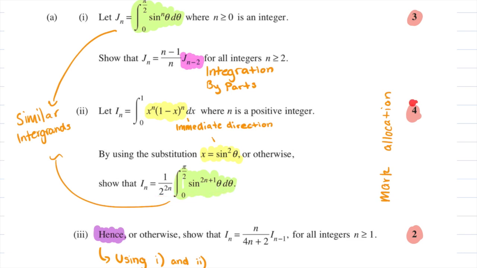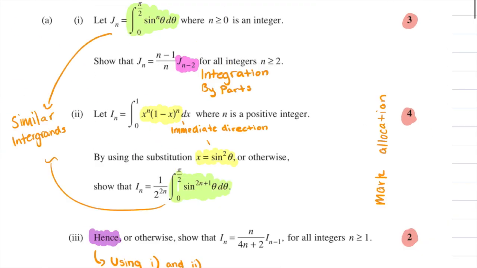This is where the bulk of our marks are found, being 4 marks. We need to make sure we are being mathematically rigorous to ensure we maximize these 4 marks. We can see that our 2 integrands here and here are quite similar, only being different between the power of our integrands.